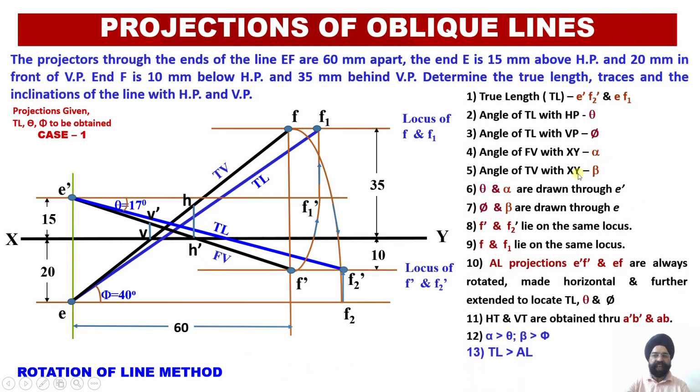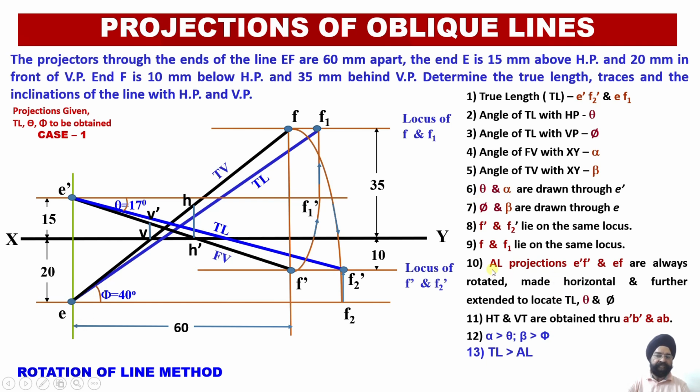So once again, all the other fundamentals remain the same. That is, the first true length, E dash F2 dash, must be equal to the second true length, EF1. Angle theta is the angle of inclination of the true length with the horizontal plane. Angle phi is the angle of inclination of the true length in plan. Alpha and beta will be greater than theta and phi.